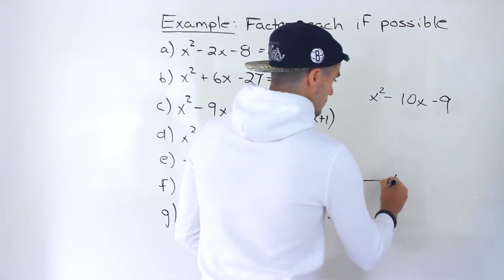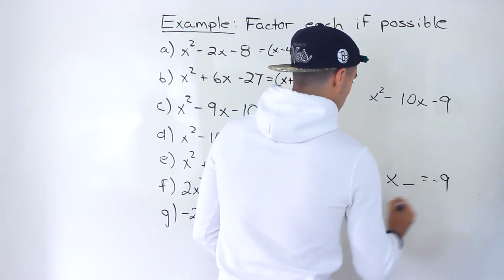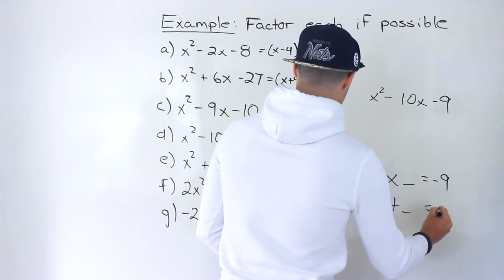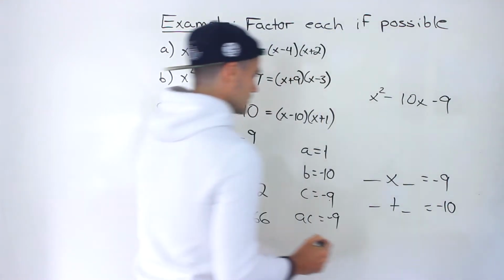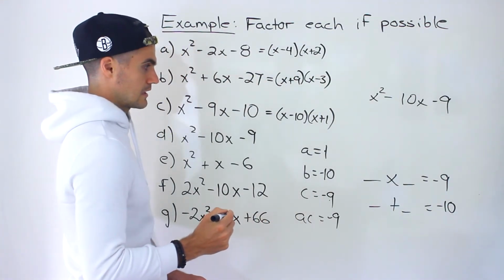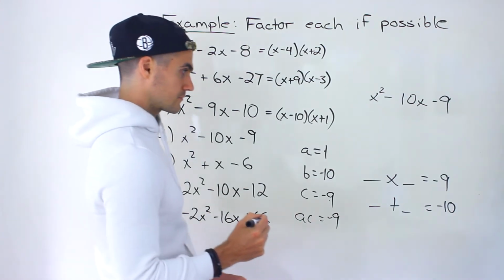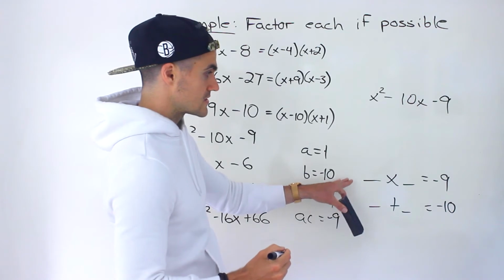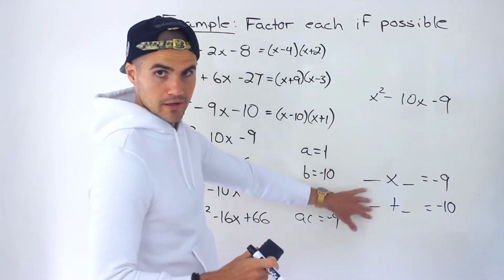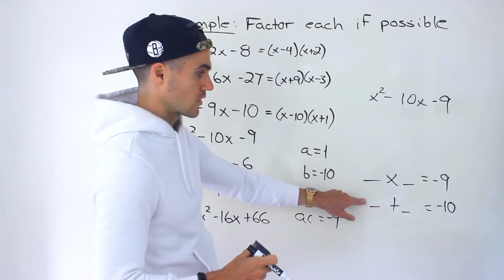So then we find two numbers that multiply to -9, then add up to -10, like that. So from here, notice that there is actually no combination here that's going to work out.